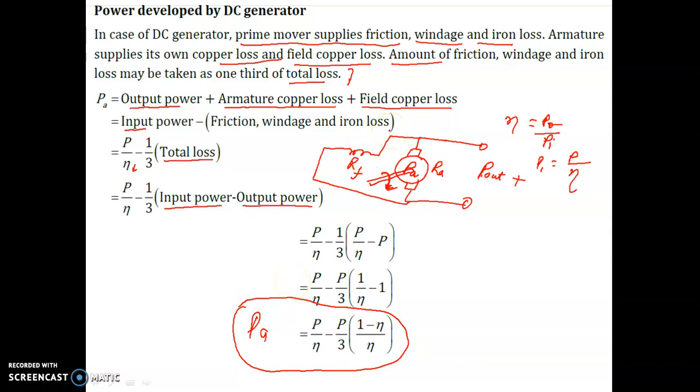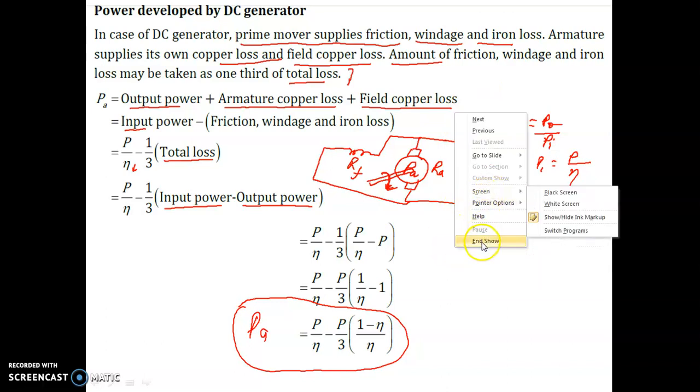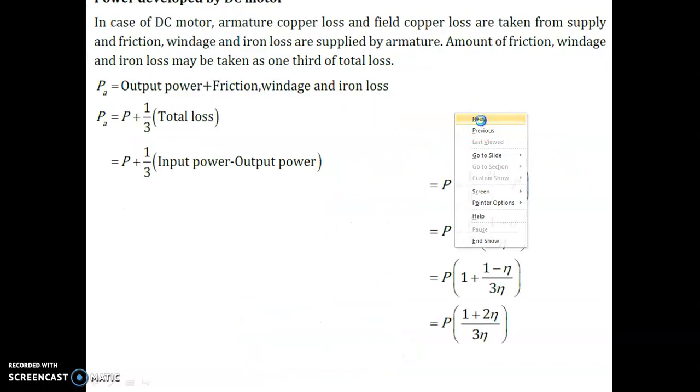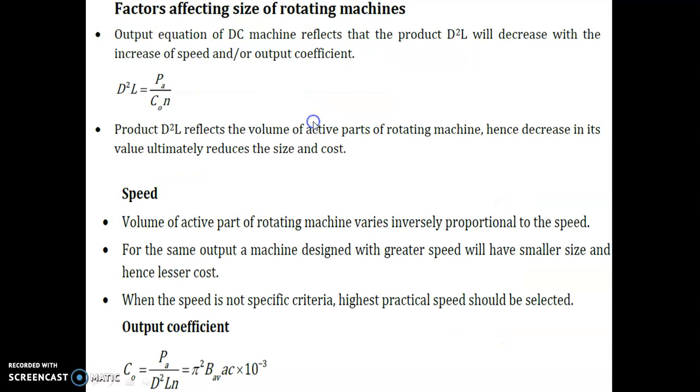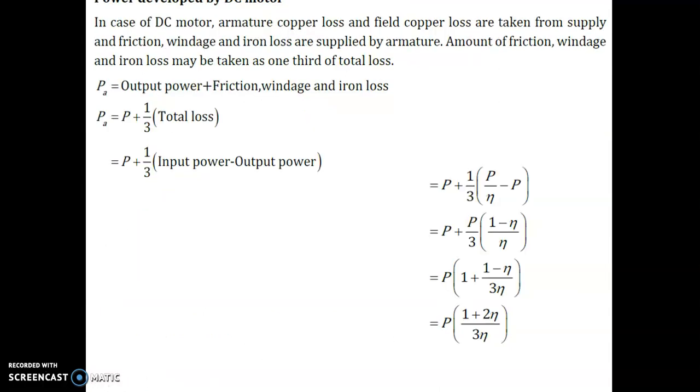Now we will see the average power output of a DC motor. So this is the average power of a DC motor.